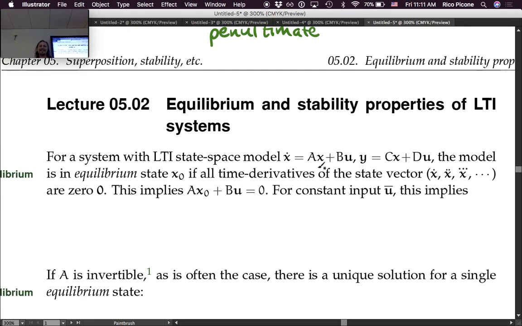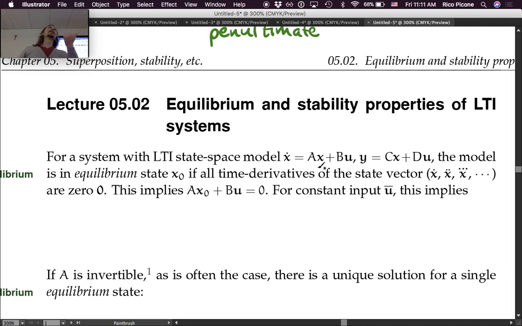So, equilibrium and stability properties of LTI systems, 5.2. We talked last time about some LTI system properties, including the main, big one, superposition, right? And then we're also going to talk today about stability.